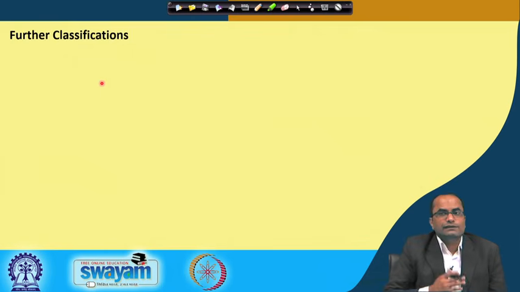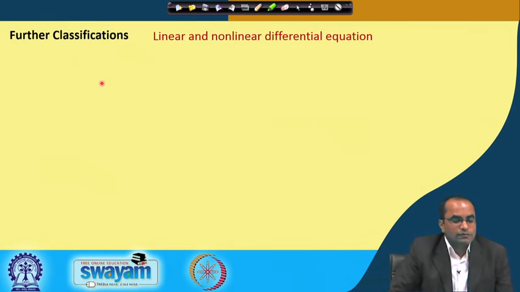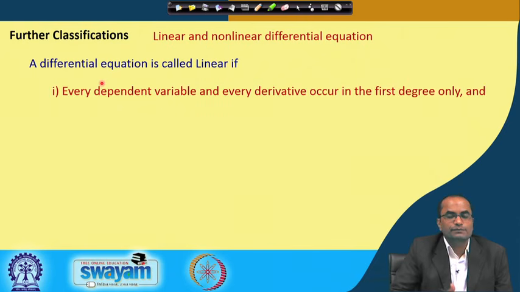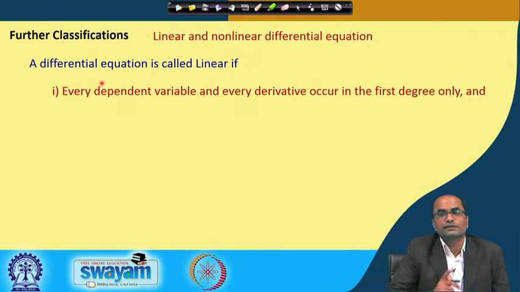The further classification is the linear and nonlinear differential equations. A differential equation is called linear if every dependent variable and every derivative occurs in the first degree only.